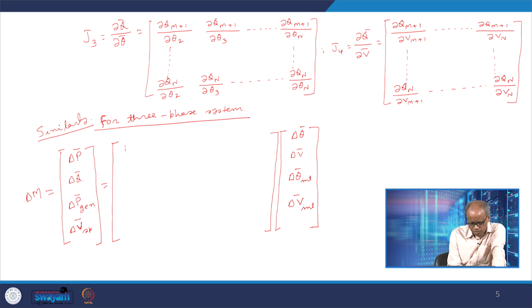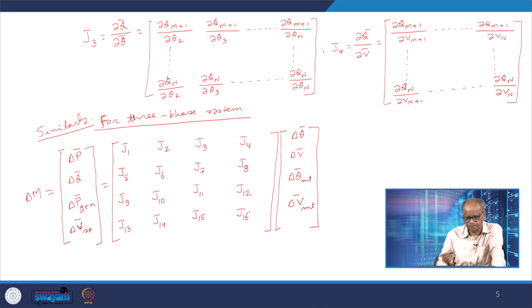So then therefore it would be J1, J2, J3, J4, J5, J6, J7, J8, J9, J10, J11, J12, J13, J14, J15, J16.